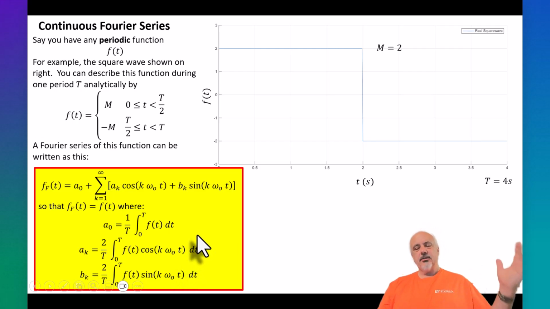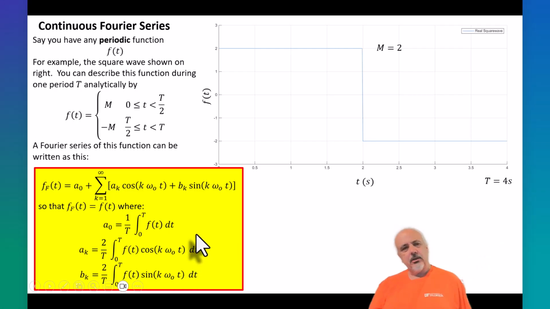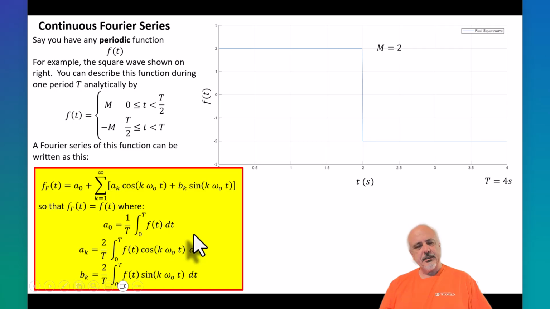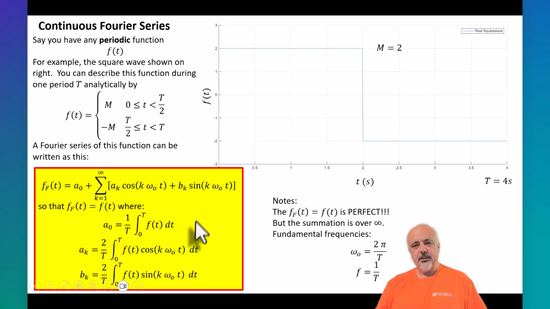What's amazing to me, similar to Taylor series, is that I didn't know if I believed it, but this is going to be true. It's going to be perfect: f sub f is going to equal f sub t, even though f sub t has some discontinuities. It would equal it perfectly.